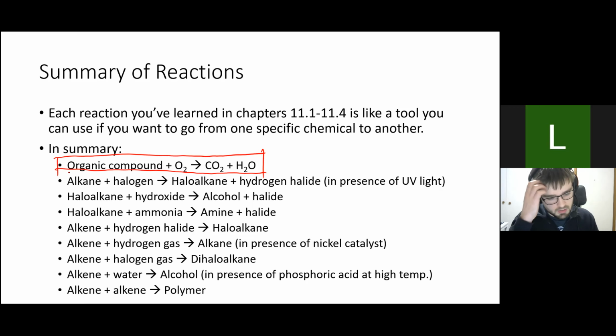All right. So I've ordered these in terms of what reactions we can do from a starting compound. To start off with, if we have an alkane, basically the only reactions we can do are combustion, of course, and substitution reactions.